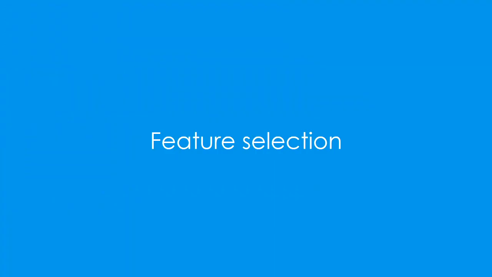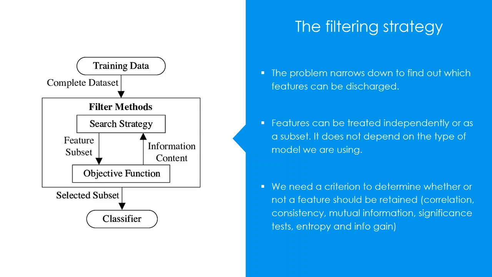Okay. So now we are going to discuss the feature selection approaches. And we have here three main approaches that belong to feature selection. The first one is the filtering strategy. So basically, the problem narrows down to finding which features can be discarded. This is the main concern.